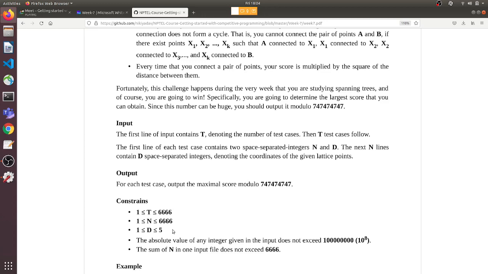So that would be m log m plus m log n, because for the disjoint set we consider it as log n. That is the general worst case, and if we consider the amortized, it could be just m. So the time complexity will be order of m log n.